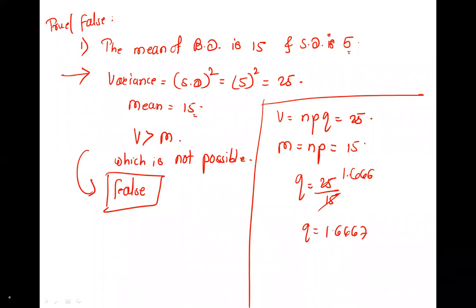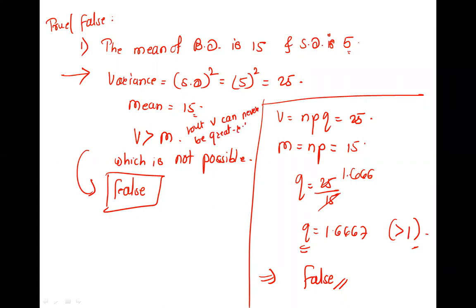Is it possible? No, as it is greater than 1 and probability can never be greater than 1. That's why it is also a false statement. If you don't remember this variance reasoning, you can write that variance can never be greater than mean. So yes, false statement.